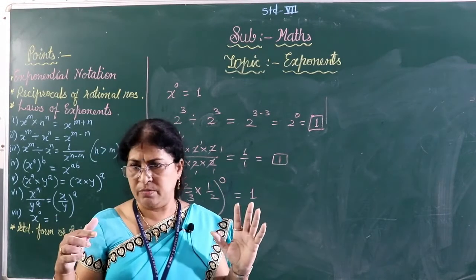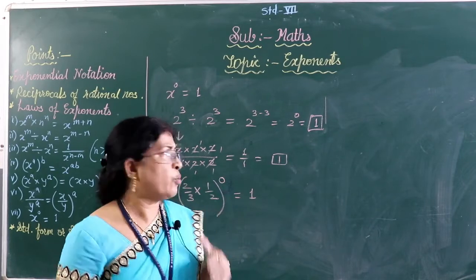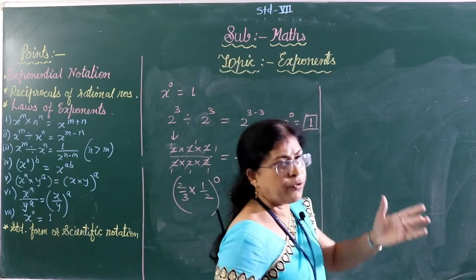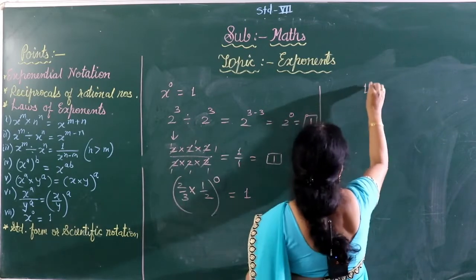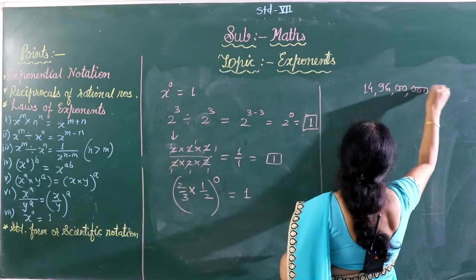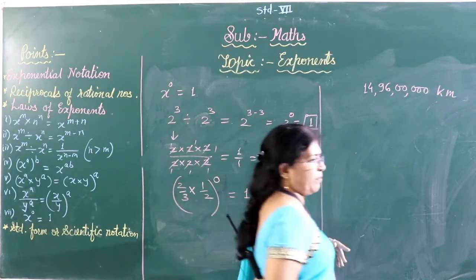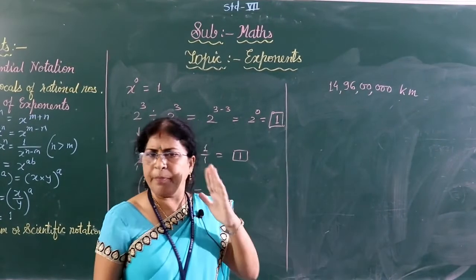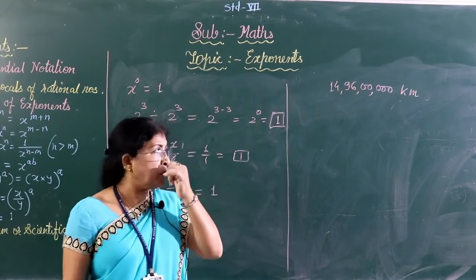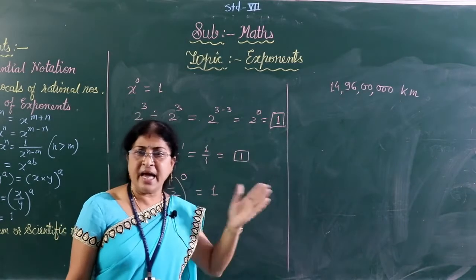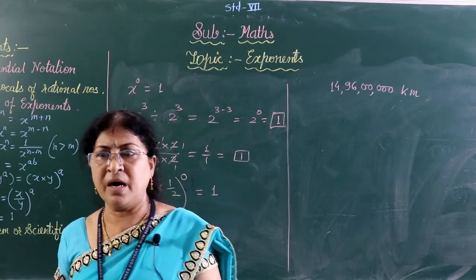For example, suppose the distance of a star from the earth is 14 crore 96 lakh kilometers. It is difficult to remember, so such large numbers can be expressed in another way.